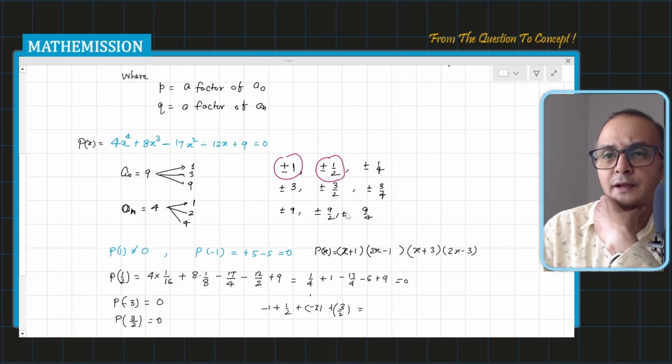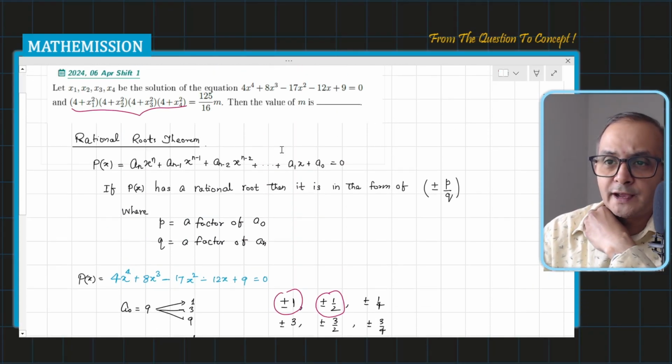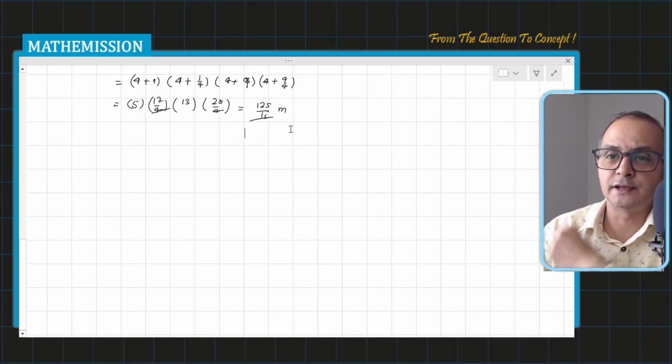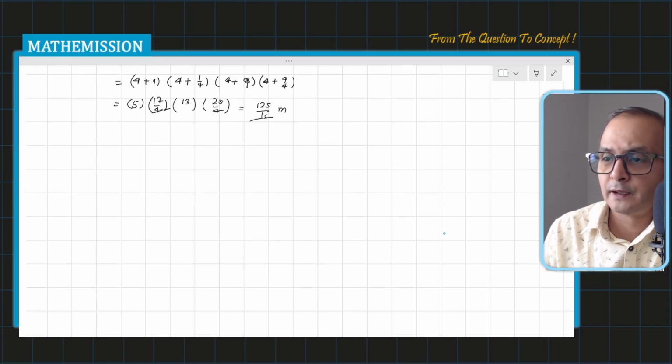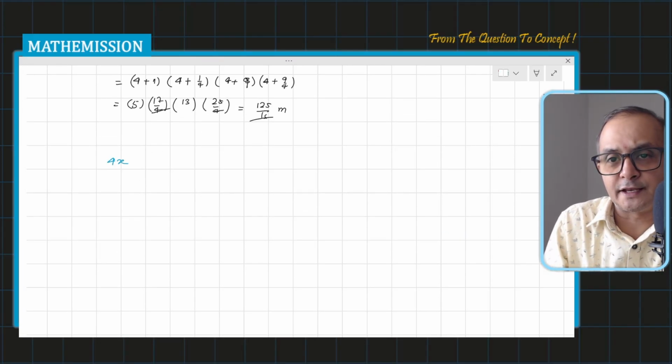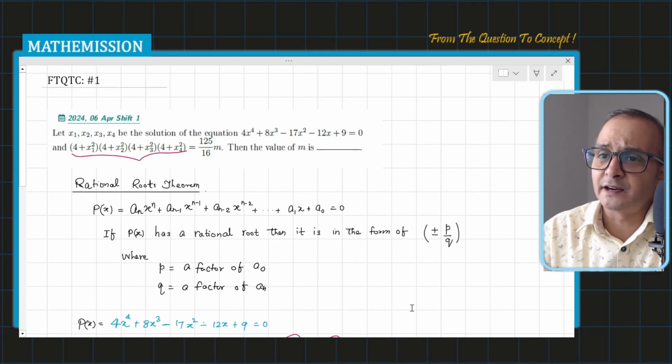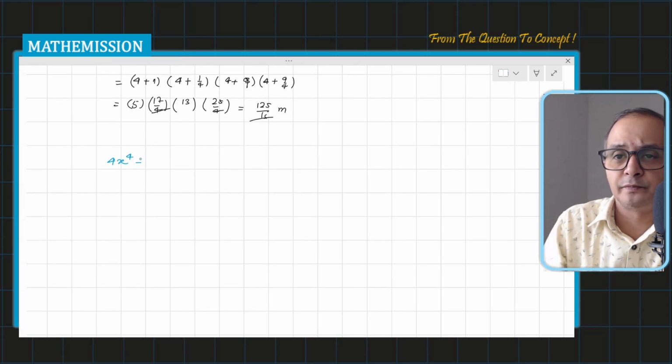But the problem happens when we don't have real or rational solutions for this. In this particular situation it worked, but suppose I make these changes: 4x to the power 4, and let's say any random numbers, plus 8x cubed, minus 19x squared, plus 17x, plus root 3.